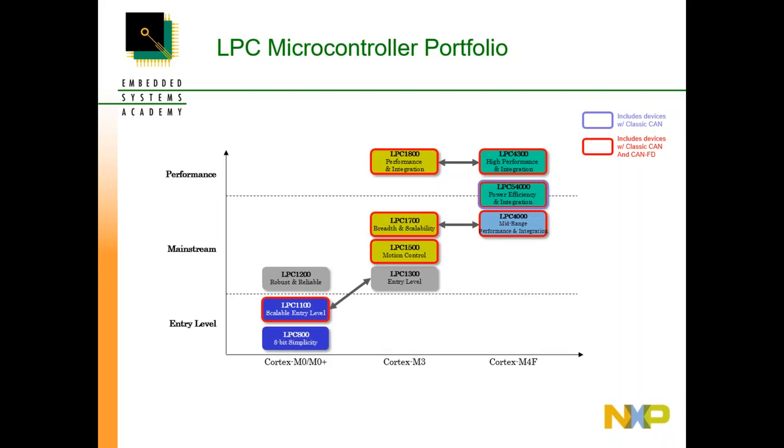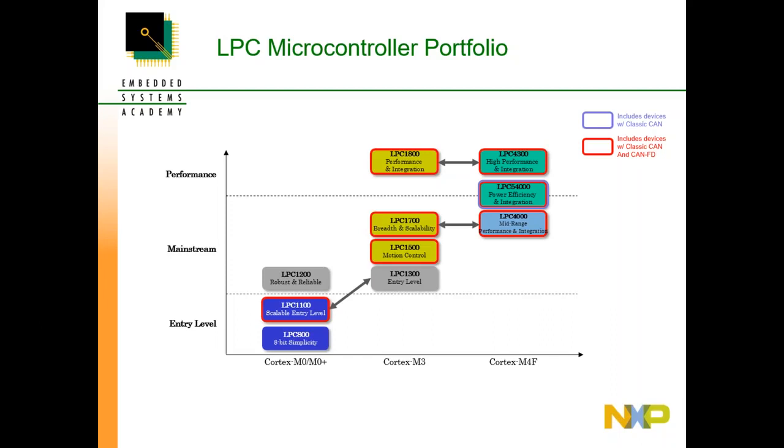Then we get to the M3 range of products, and we have a range of different parts that have CAN capability there, and some of those are dual CAN solutions. Then into the higher end performance, where all of our families have some representation with the CAN feature. Most recently, the LPC5461x family within the 54000 series includes CAN-FD options as well.